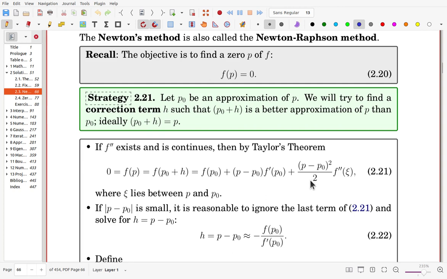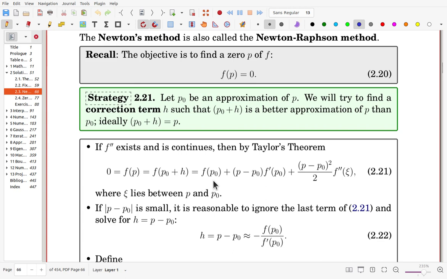Now, assuming that p0 is a good approximation, we can say that p minus p0, that is h, is small, so that this second order term can be ignored.